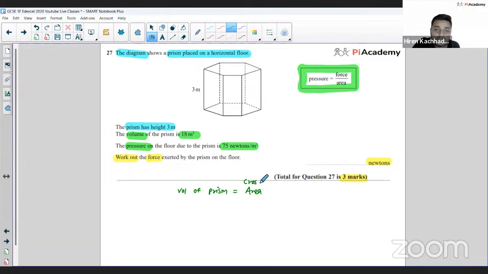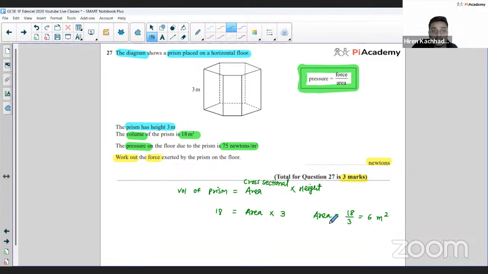So the volume of the prism is 18 meter cube, area we don't know, and height is available to us, that is 3 meter. So from here, area is 18 divided by 3, that is 6, and the unit is meter square. So step number 1, you have to find the area.